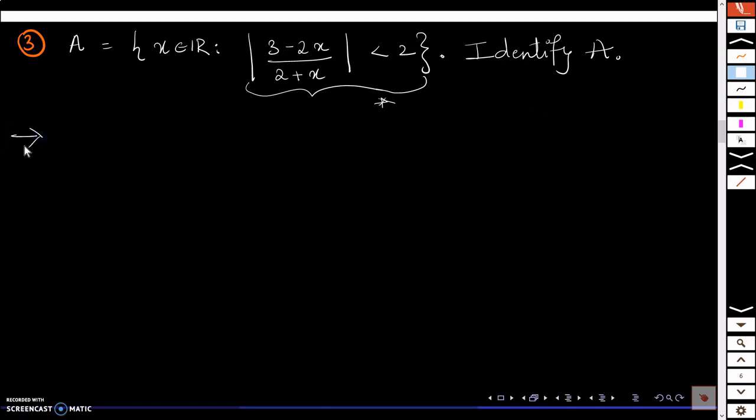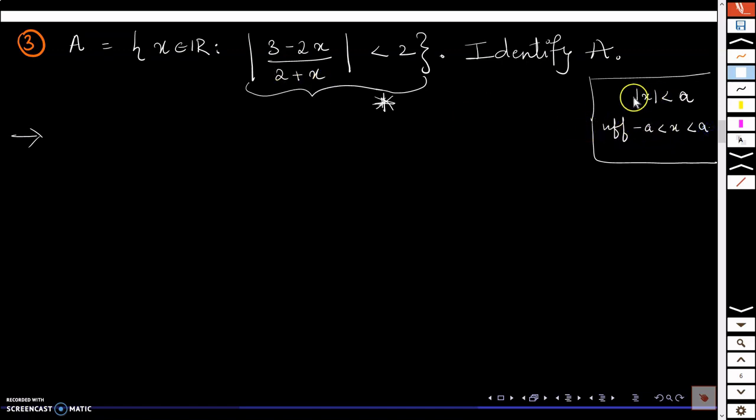So let's begin. Now if you look at this expression, the property star that we are talking about is of the form mod x less than a. You'll remember we did one of the properties, I don't know the property number. Mod x is less than a if and only if minus a is less than x and x is less than a. This is one of the properties.